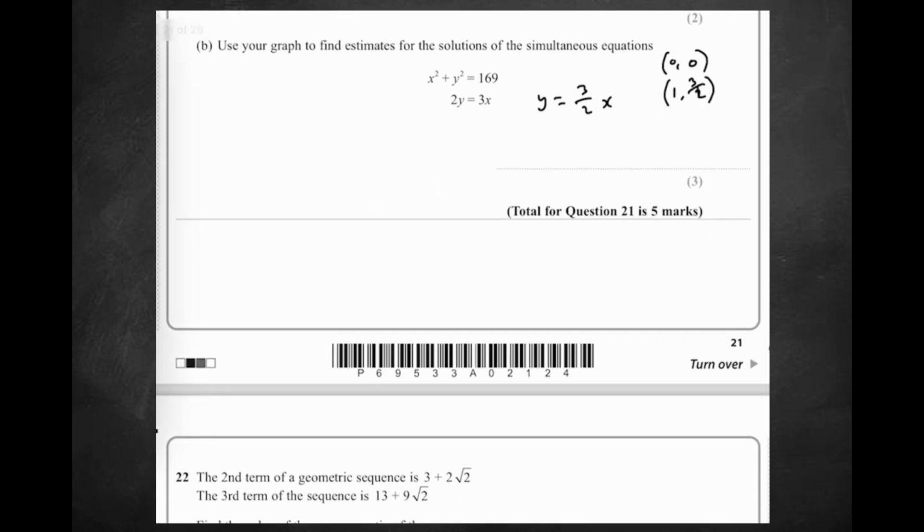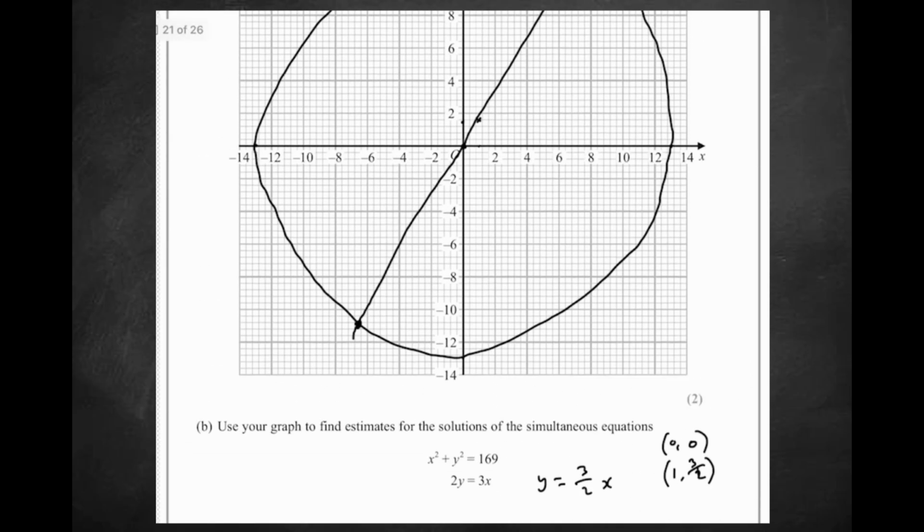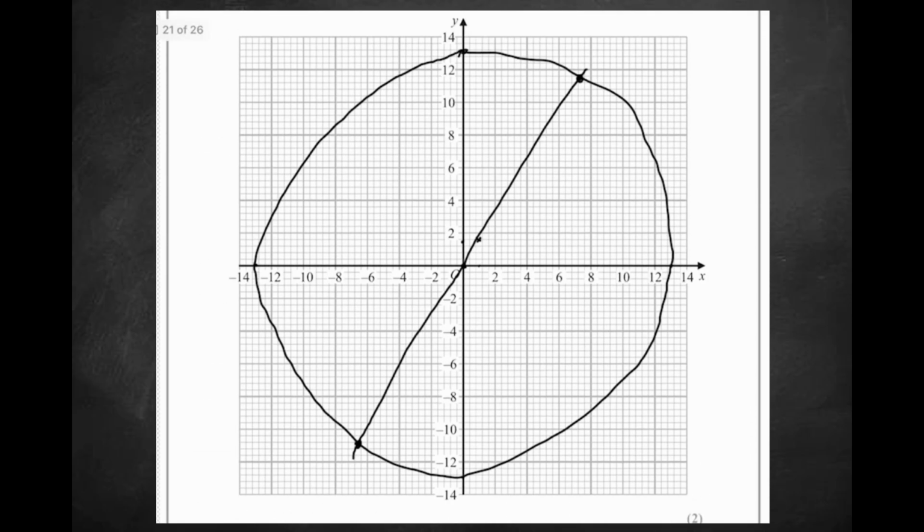You should have x equals 7.2, y equals 10.8, and x equals minus 7.2, y equals minus 10.8. Just for fun, I'm going to see how far away I am with my diagram. So 7.2 is about here, 10.8 is about here. It's not super far away, actually. Anyway, we'll move on.